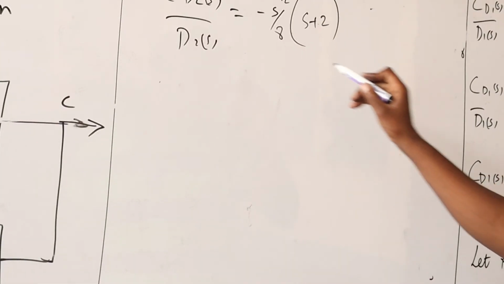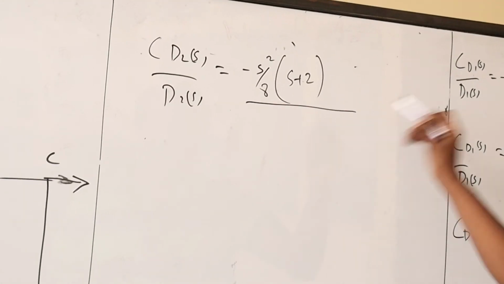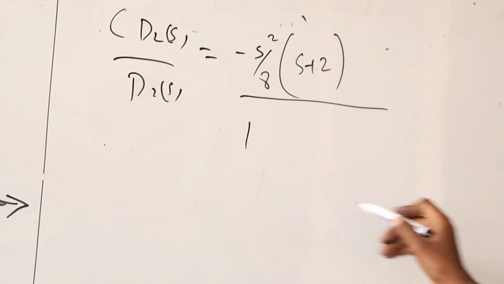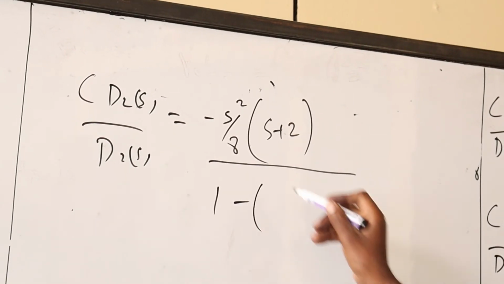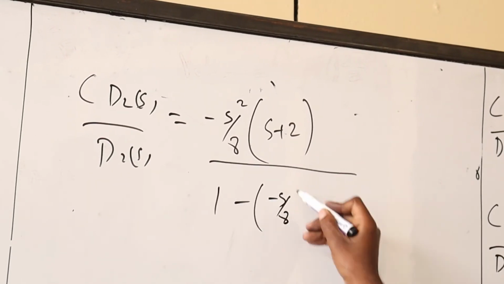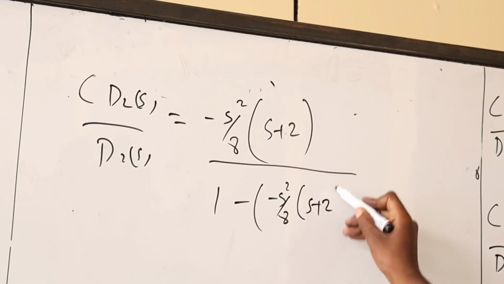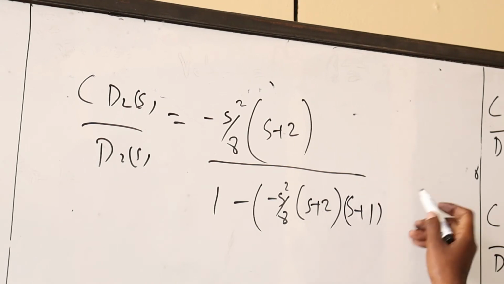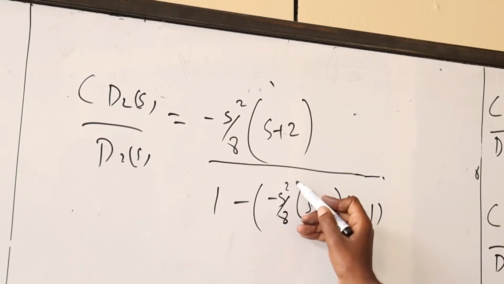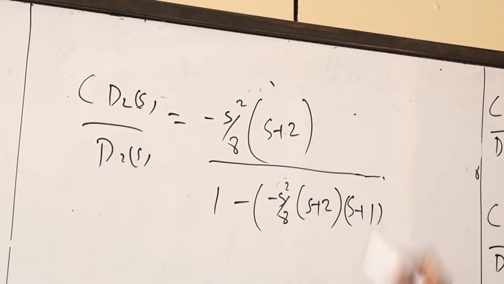That is going to be our G over 1 plus GH, and because it is positive feedback, it's going to be minus into minus again, s all over 8 squared into s plus 2, then again s plus 1. And that is now what we are going to have. That is our G times H.